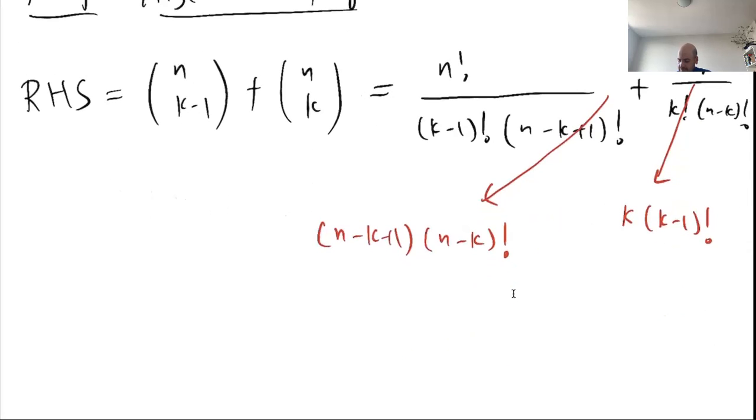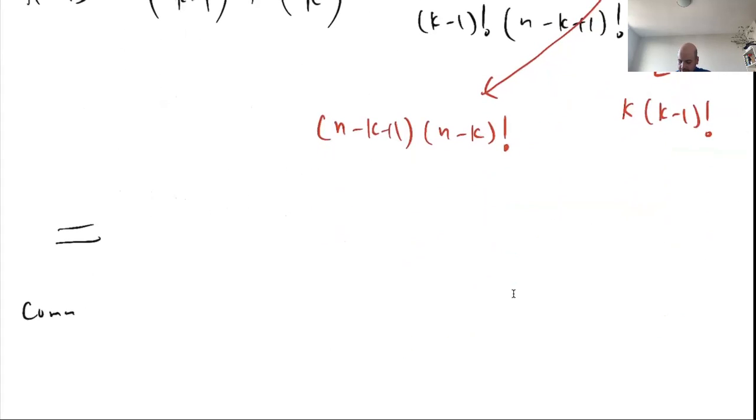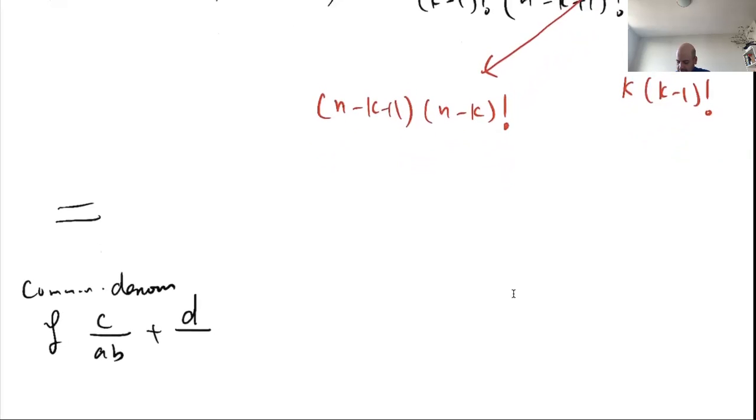And so you know the common denominator, see, if you have, for example, c over ab plus, let's say, d over, for example, ae, right?